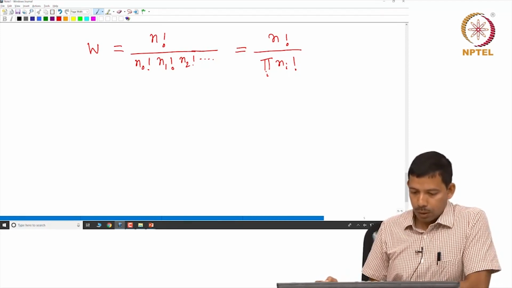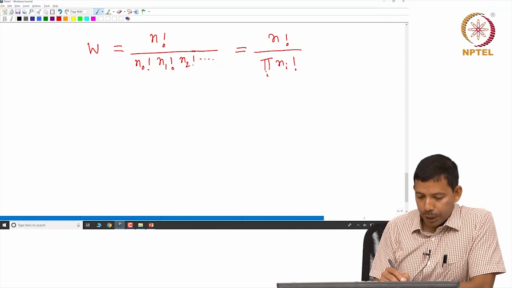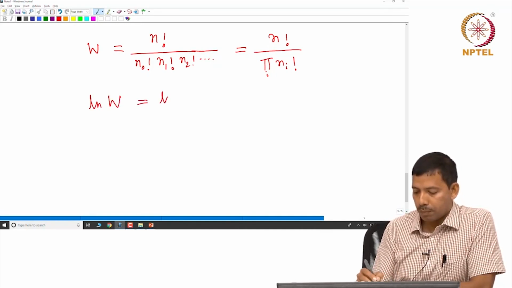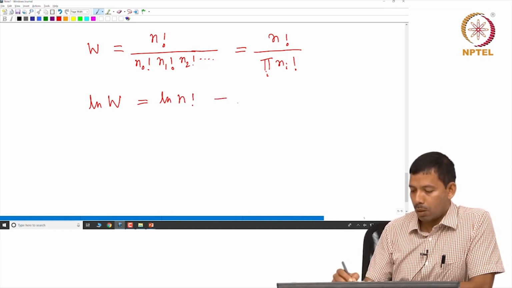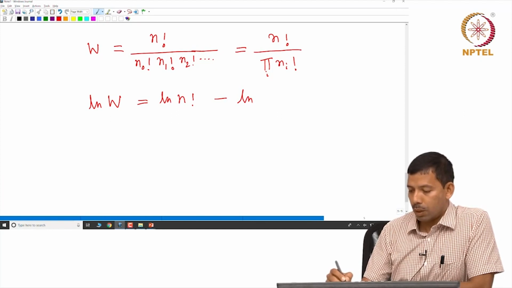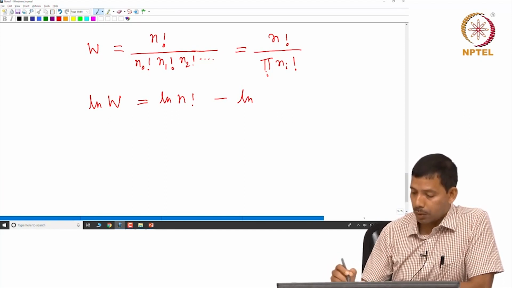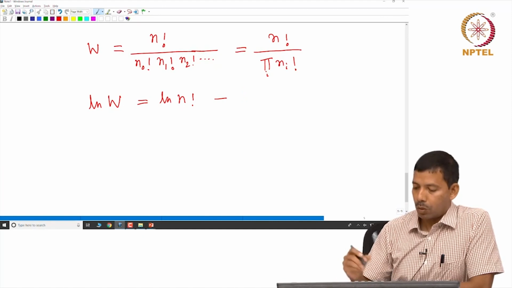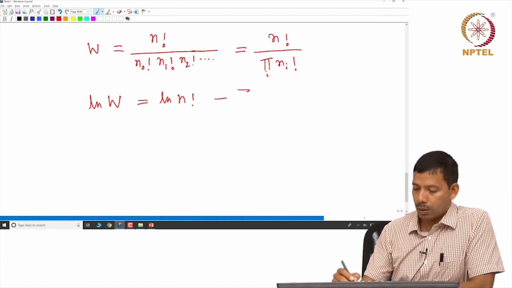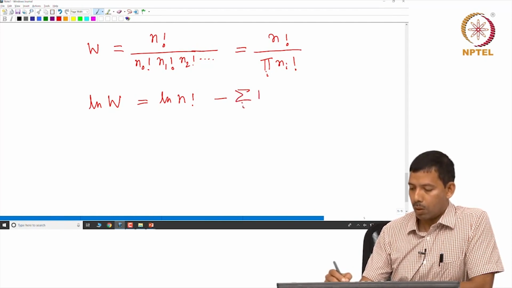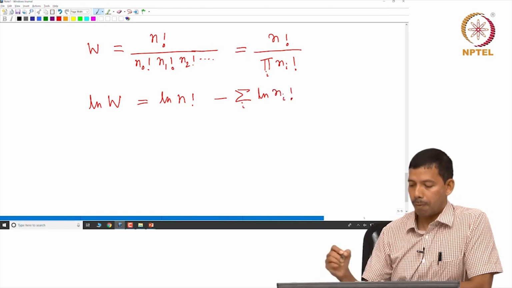So this is my W. If I take ln of this, ln W is equal to ln n factorial minus ln of the product, and this product becomes a sum when you take the ln, so we write the sum over i of ln ni factorial.